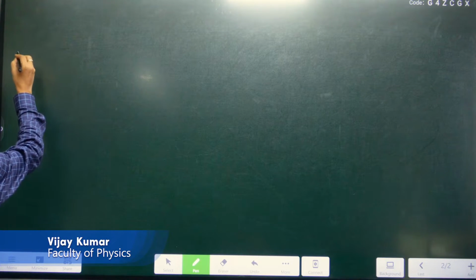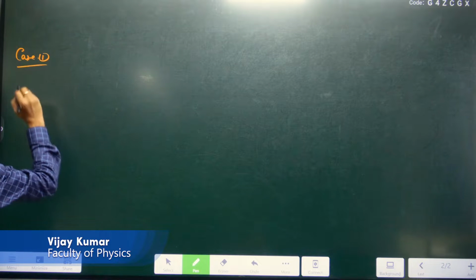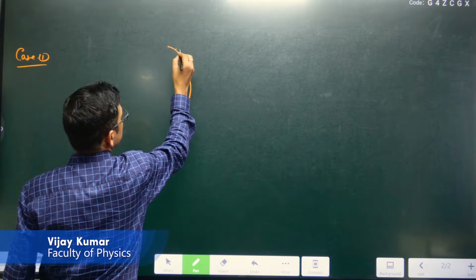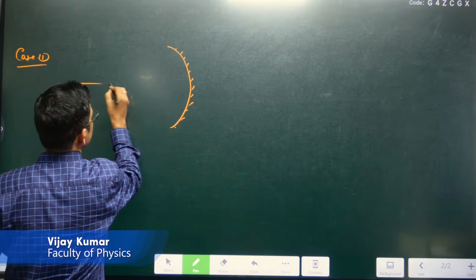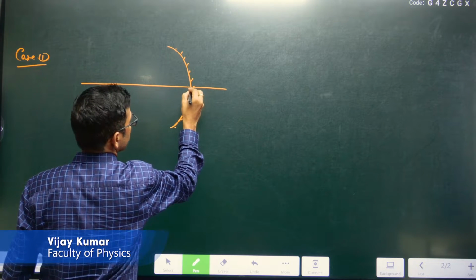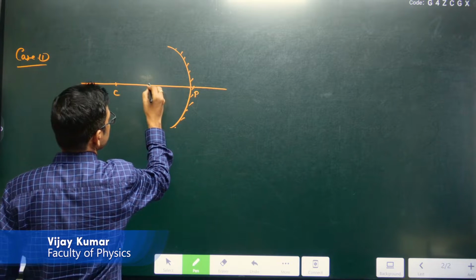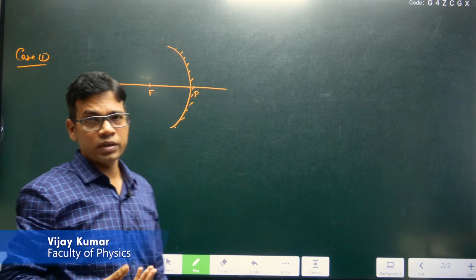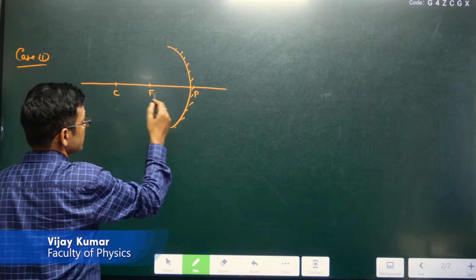So case number 1. This is your pole, this is your center of curvature, and this is the focus. In case number 1, the object is placed between the focus and the pole.